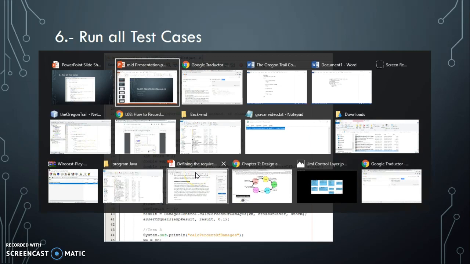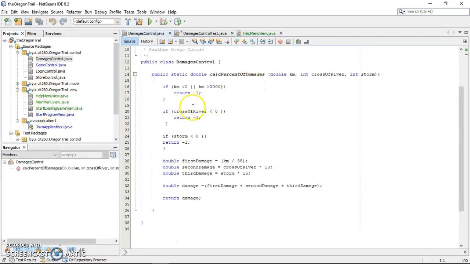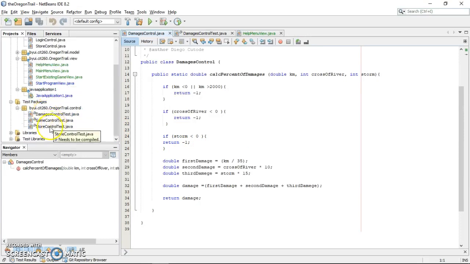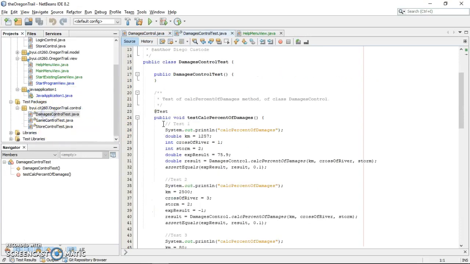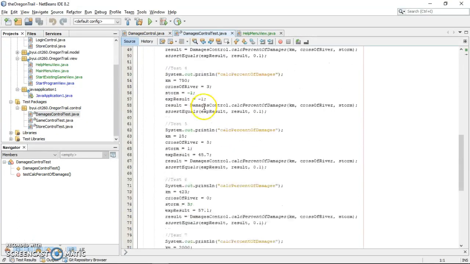I show you this part here. This is the algorithm in the Java code, and here is the test for this function. This is my example.